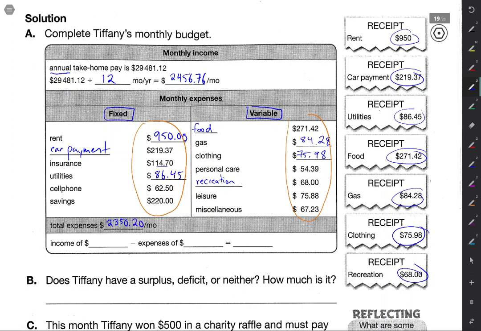So let's see if she has a surplus or a deficit. We're going to take her income, which is $2,456.76, and we're going to subtract those expenses, $2,350.20. And in the end, she will have a surplus of $106.56.